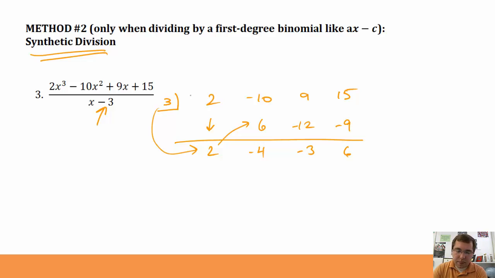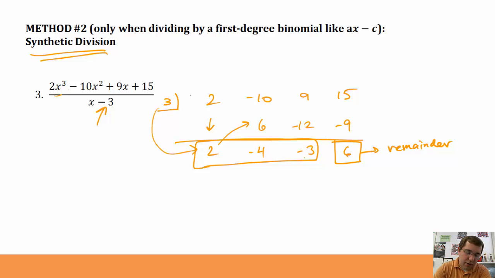And then I'm done. The last number there is always my remainder. It could end up being 0. And that means my remainder is 0. The other terms, the 2, the negative 4, and the negative 3, those become the coefficients of my quotient. And they match up starting with one lower power than what I have on the top.